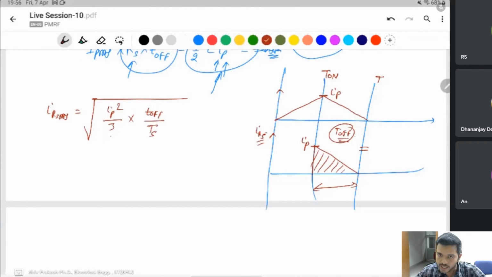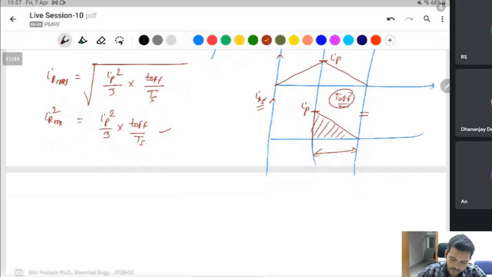For a square waveform the same thing appears, but there it is 1 only. Then you can say IRMS square is equal to IP square divided by 3 into T off divided by the total time period.